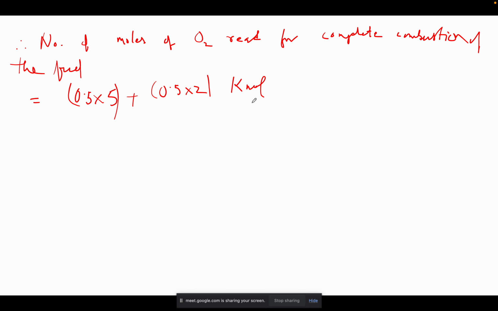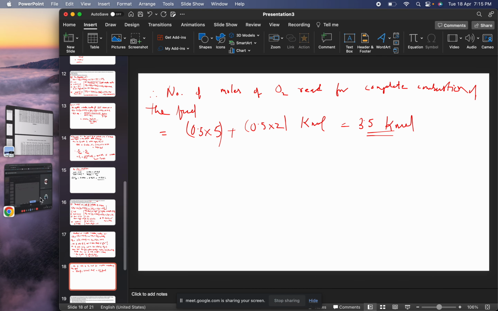So this much kilomole of oxygen will be required, which is basically 3.5 kilomole.